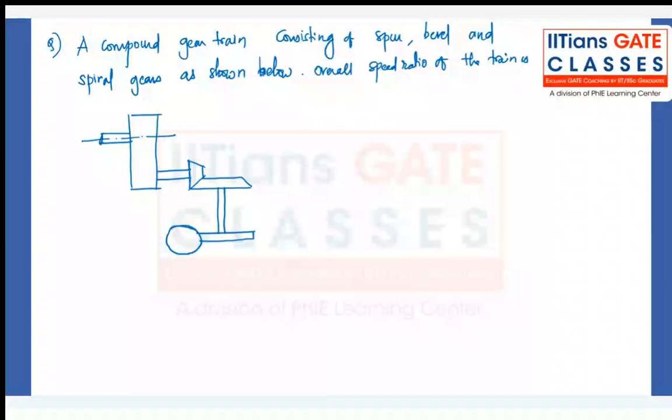Okay, so this is the overall arrangement. And I will write down the number of teeth on each wheel.